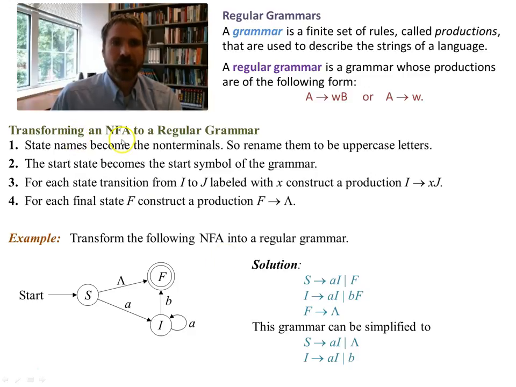If we have an NFA, we know that we can have a regular expression for it. So if we have a regular expression, we can have a regular grammar. So we want to now talk about how to take an NFA and get a regular grammar. Again, like I said before, this exercise is not about learning a process like integration by parts that is actually useful in science. This process is helping you more deeply understand what a state machine is and what a grammar is.